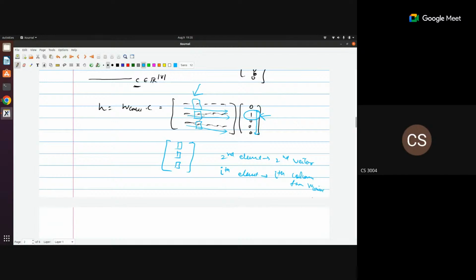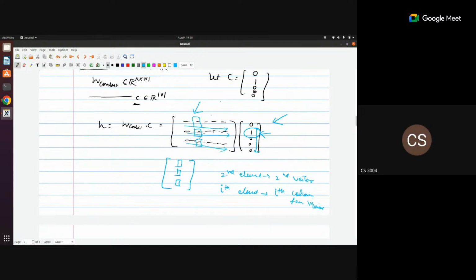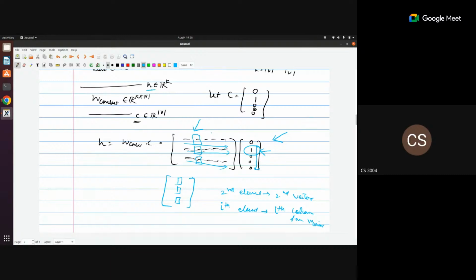Which means when you feed any one hot vector for any context, only one vector in W context gets affected, and as H, you only get that vector. That becomes the representation of that word. In general, the ith column of W context becomes the representation of the ith word which is fed as a context.